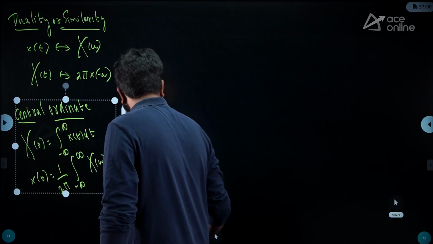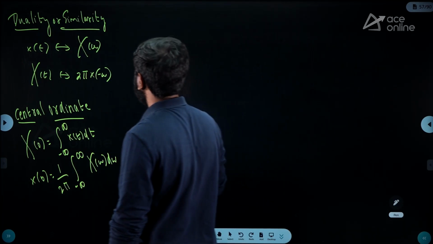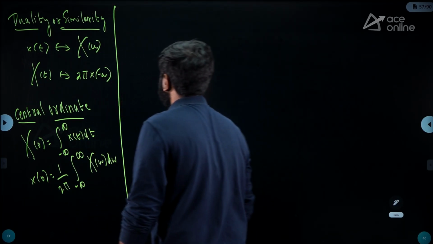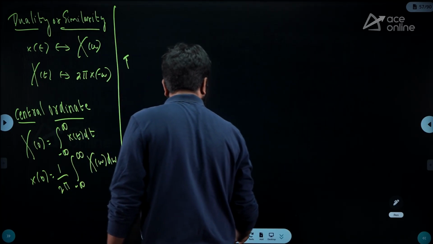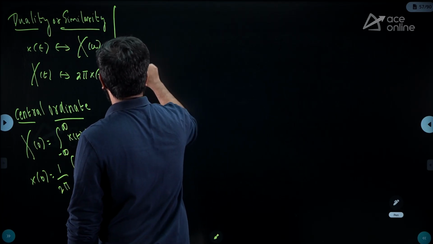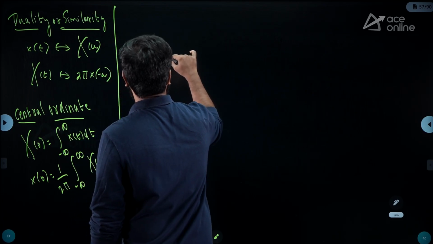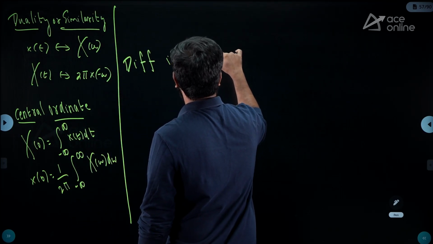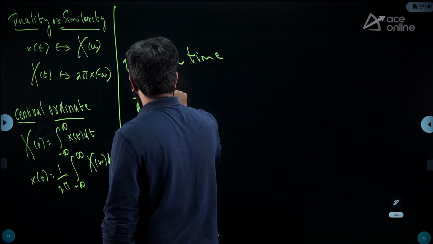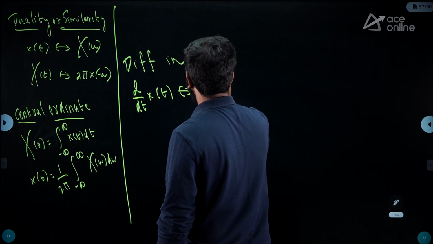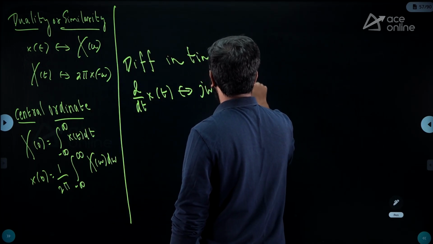There are many such properties. I am going to write them below. So please observe them. This is called differentiation in time, which says d by dt of x of t has the Fourier transform j omega X of omega.